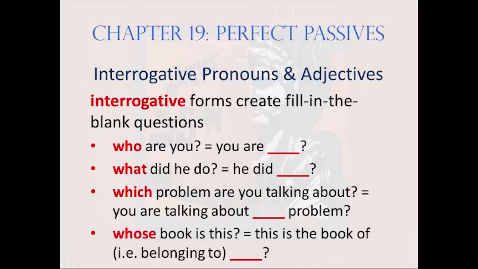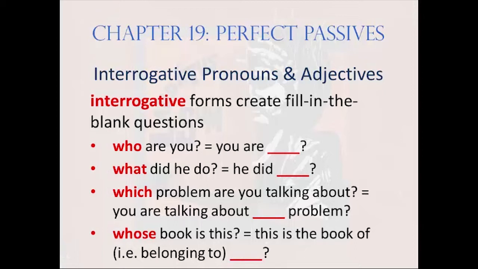Or finally, whose book is this? Meaning this is the book of, meaning belonging to, fill in the blank, please. That probably didn't come as any particular surprise to you, but it's an important point to remember because it stresses the fact that interrogative pronouns serve grammatical functions in sentences the way any noun does.